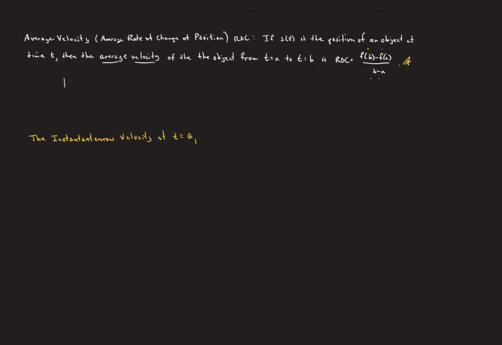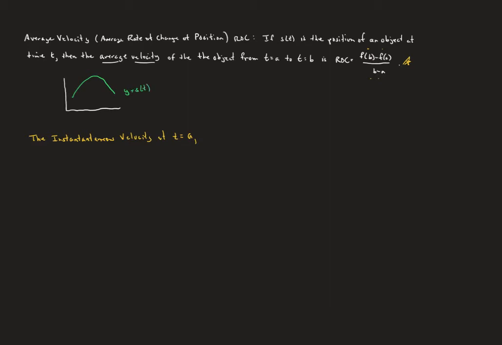So this hopefully will remind you of stuff that we did a lot in our AP Prep days. If this is our position function, I'll just say y equals s of t.